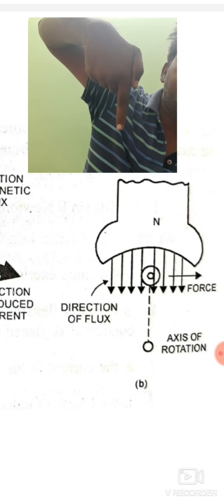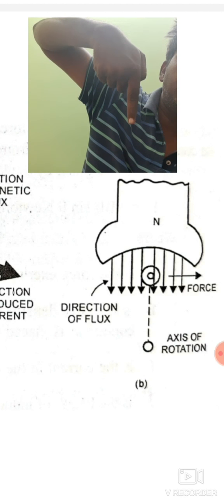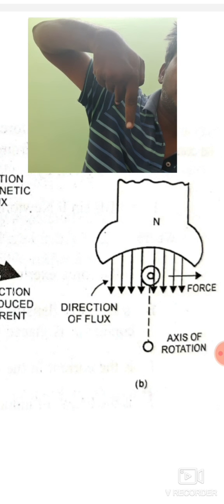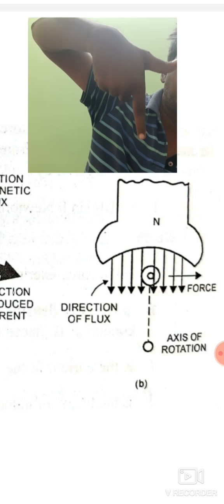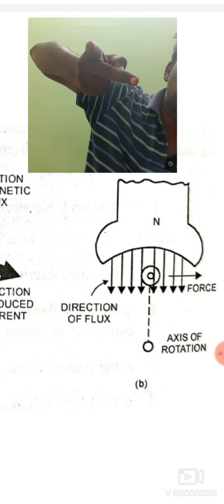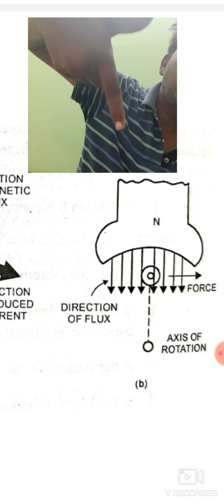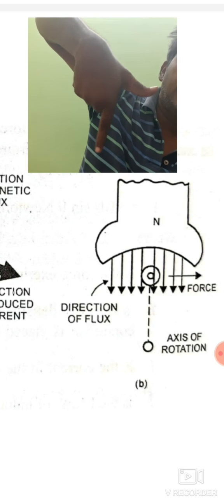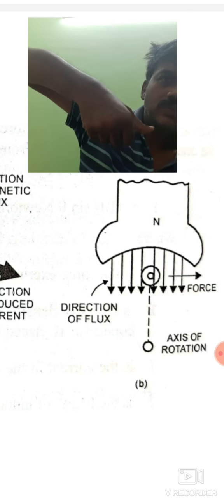This is the magnetic field direction, from north to south, and this shows the current and this shows the motion of the conductor. This shows the current out of the board, right? You can observe, and this shows the motion or force. So this is Fleming's left hand rule.